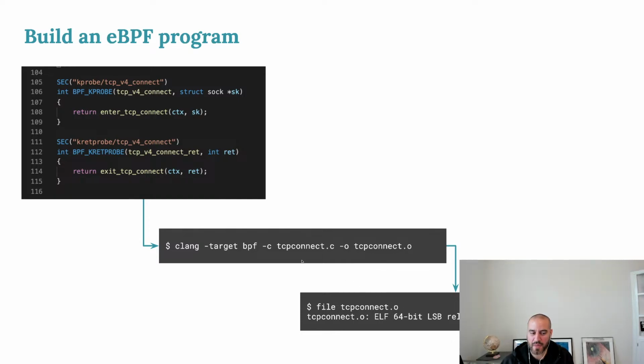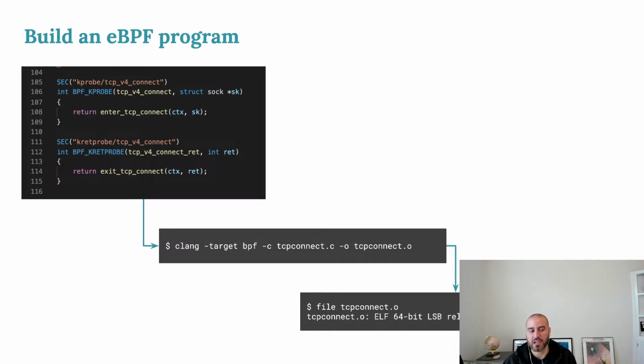And then when we run that command, if we look at what that file actually is, you'll see that it's an ELF file. ELF is the standard executable format on Linux.